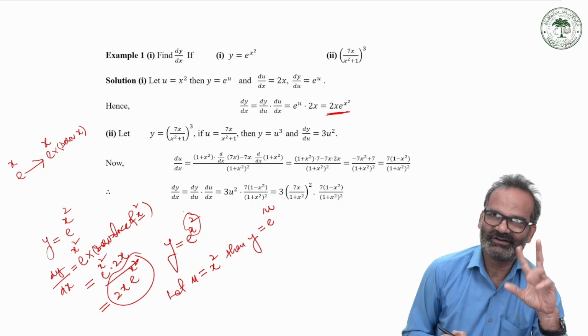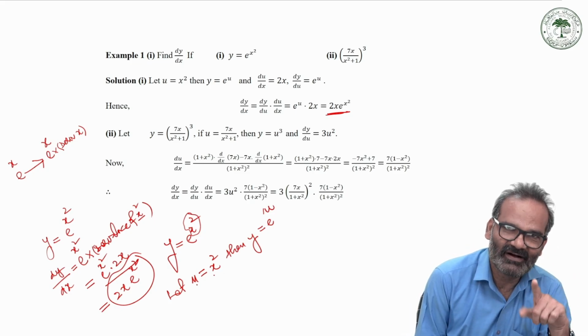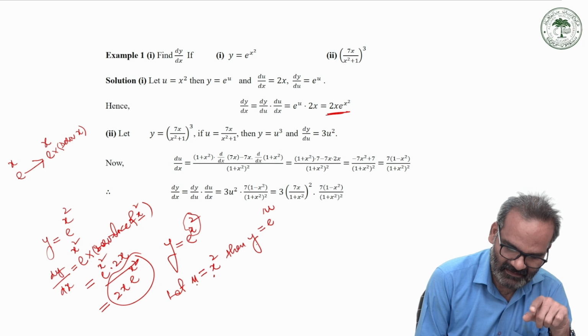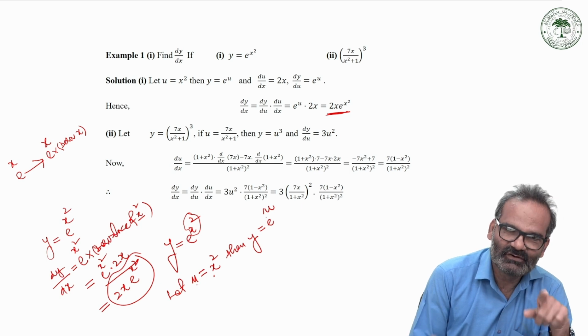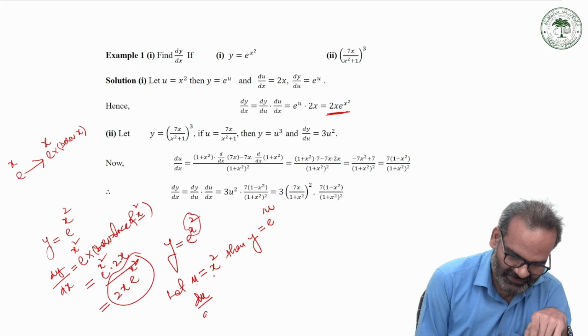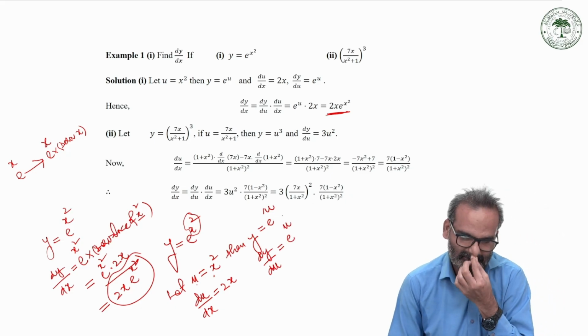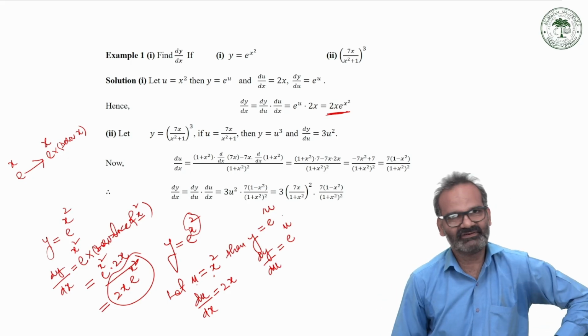Now see these two equations. Here u is a function of x. We will find here du over dx. y is a function of u, so we will find here dy over du. So du over dx, derivative of x square is 2x, and dy over du, derivative of e raised to power u will remain e raised to power u, right? We have calculated both the derivatives.